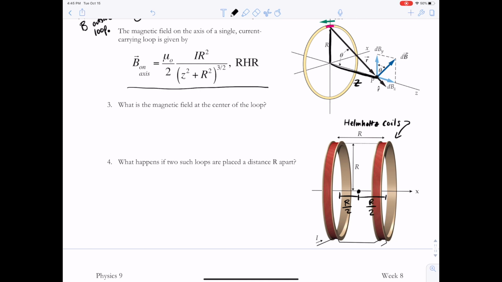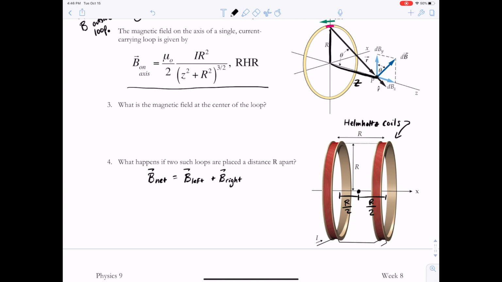If we want to know the magnetic field at that point, we'll need to find the net magnetic field, which is the vector sum of the magnetic field produced by the left coil plus the magnetic field produced by the right coil.